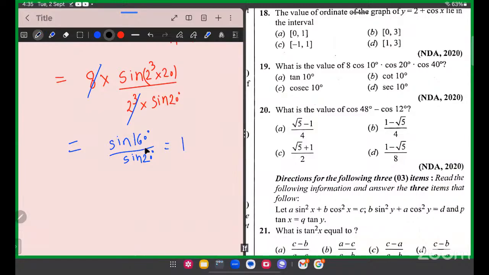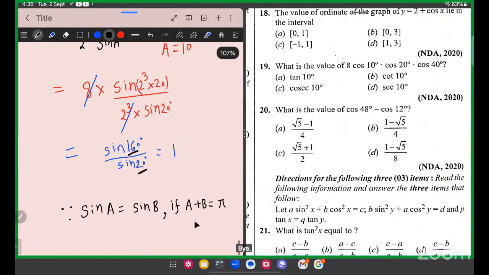If you add both of them, this angle and this angle, it is 180. Therefore sine A is equal to sine B. This is the rule. Sine A is equal to sine B if A plus B is equal to pi.